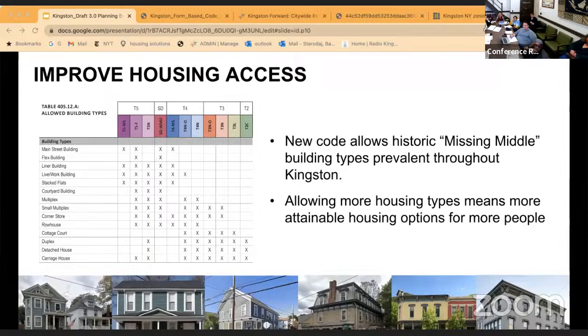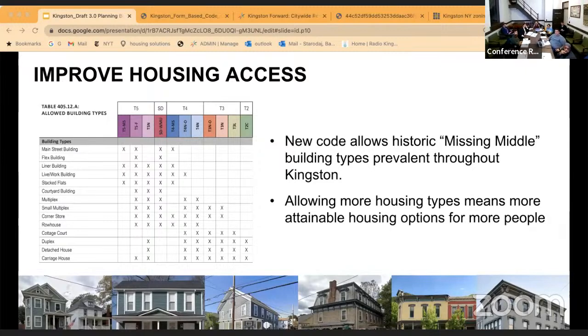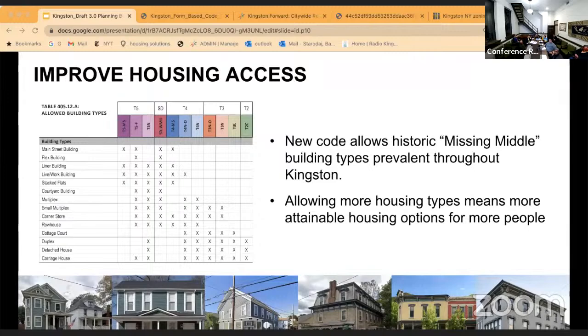We know that these types of housing encourage economic diversity, and that these housing typologies have been traditionally a more attainable housing option to lower income middle families. You see here on the left, this chart that's in the code, it basically outlines what building type is allowed in each transect, right?